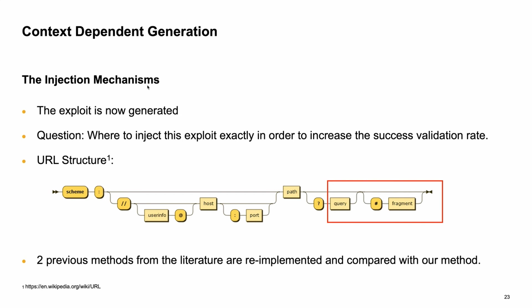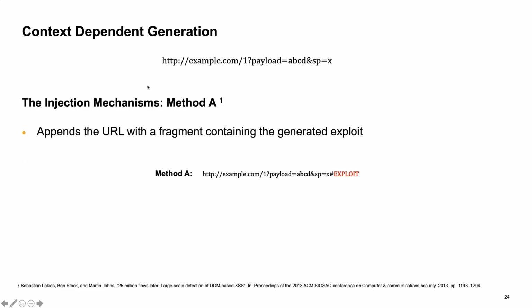For this, I'll next present two injection methods from two other works, and then I'll show you our improvement based on the taint analysis information. I will call the first method method A, and it comes from the paper 25 million flows later.